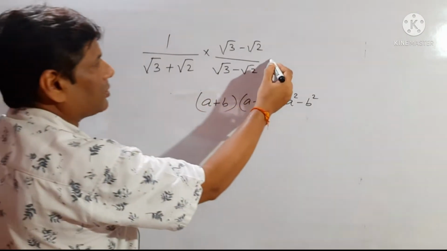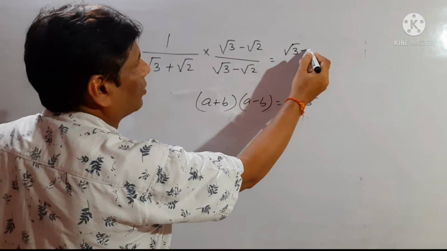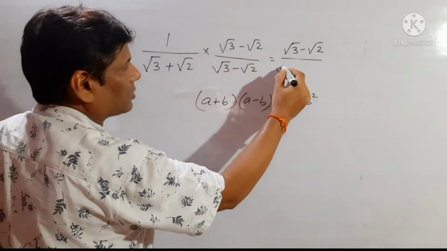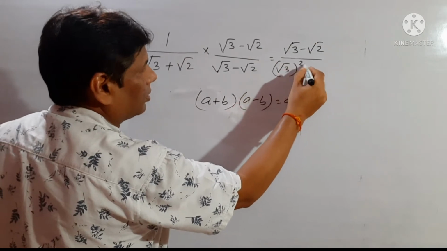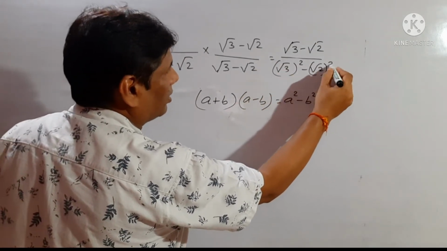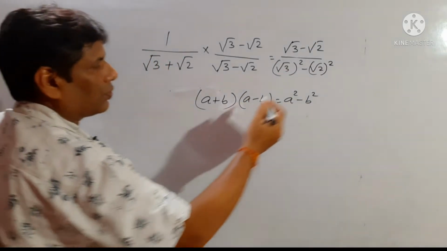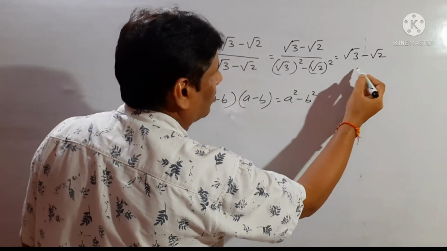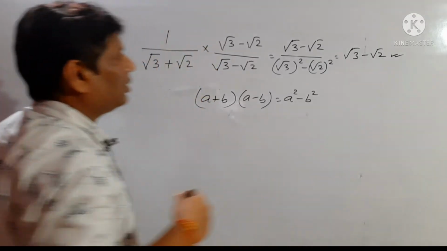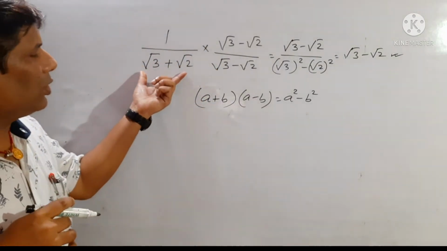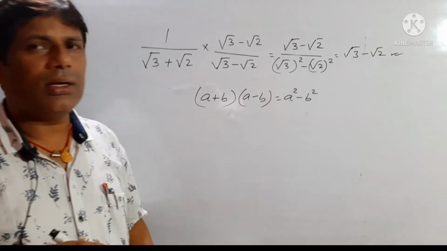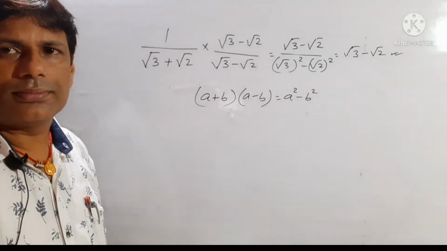So it becomes root 3 minus root 2, and since a plus b into a minus b equals a square minus b square, that is root 3 square minus root 2 square. It becomes root 3 minus root 2 by 1.